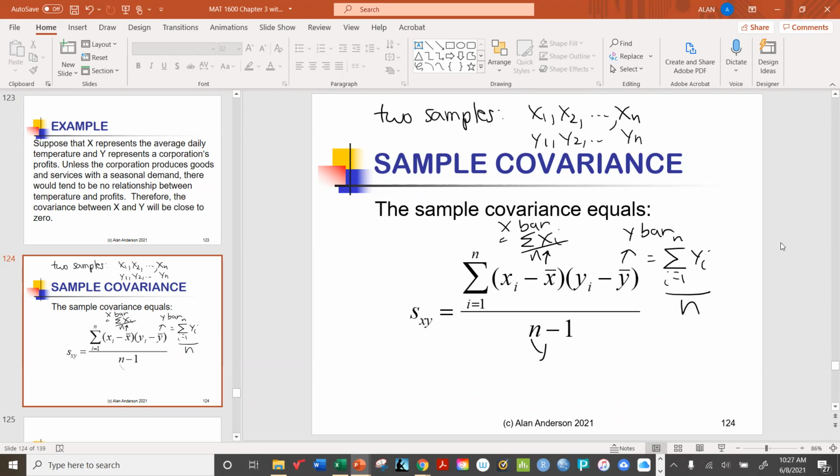This is the sample size. Now, one thing I do want to point out is that both samples have n elements in them. They can't be different, otherwise we cannot calculate this measure.